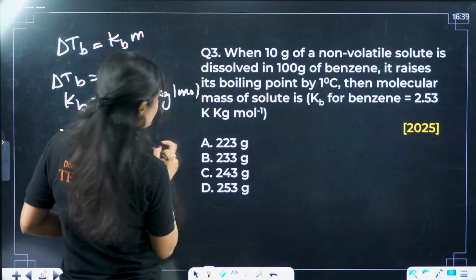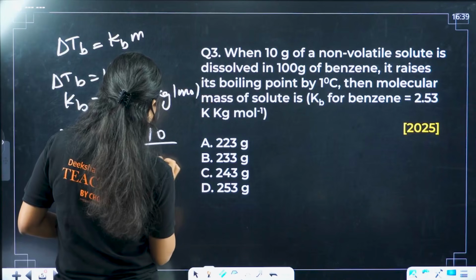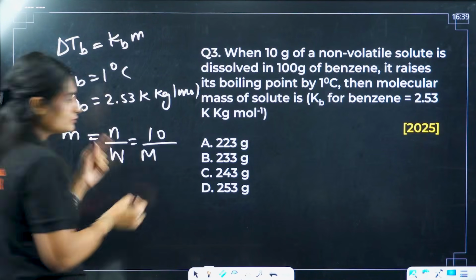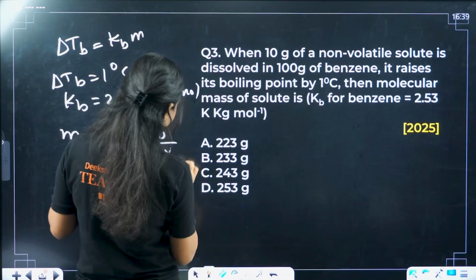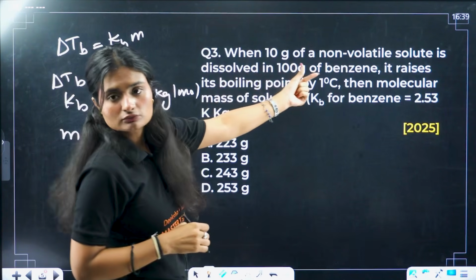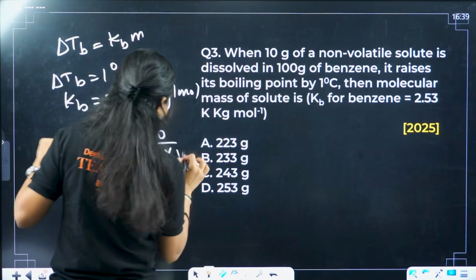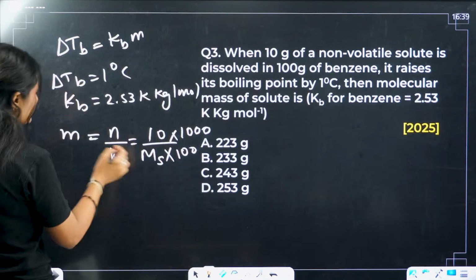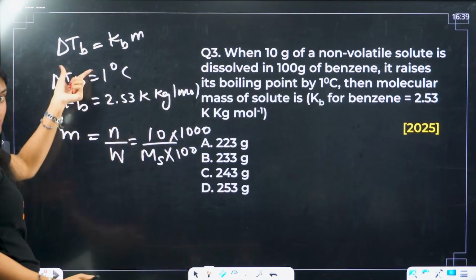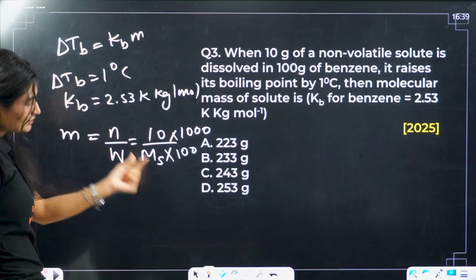The solute is what? 10 gram. The molecular weight we don't know. Let's say it is Ms. Times the amount of solvent is 100 gram. You will convert it into kilogram. Now simply you substitute all three values here and calculate for Ms.